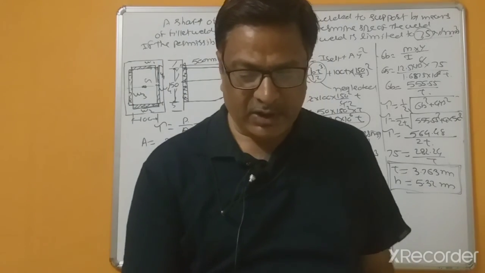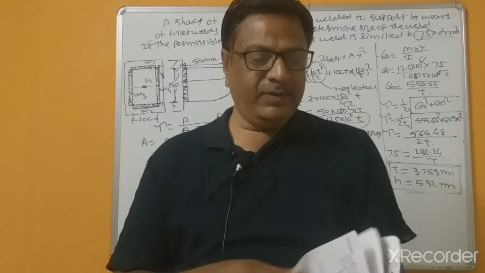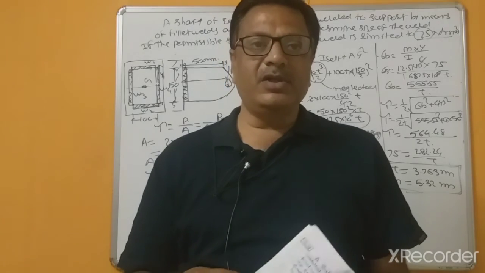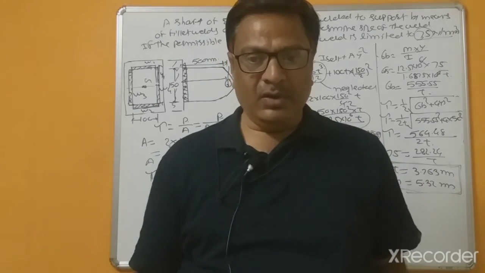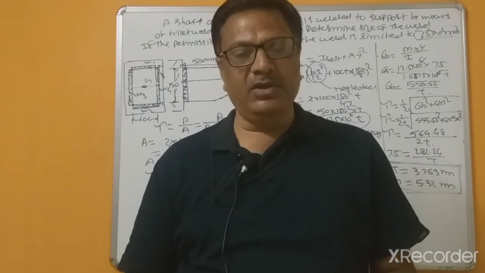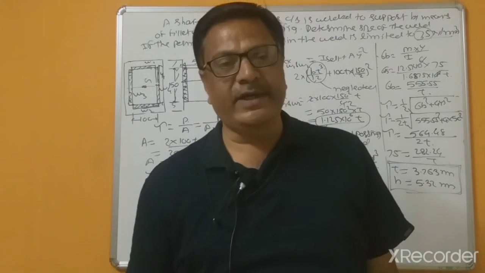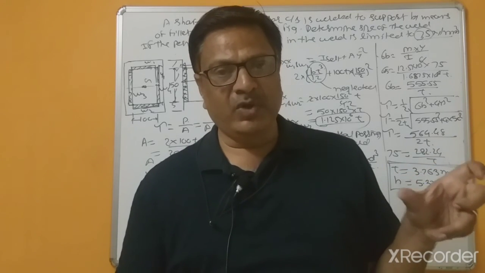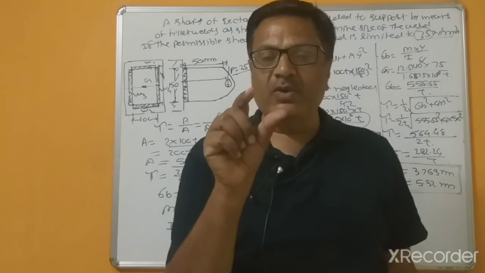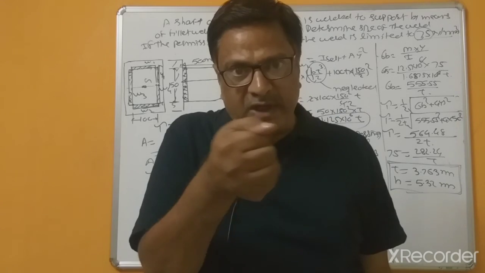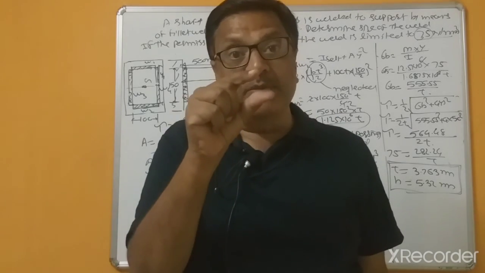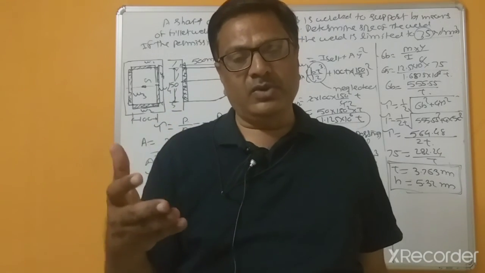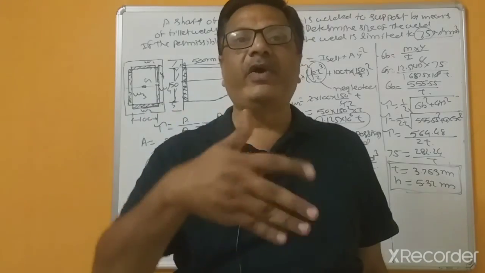I explained problems related to design procedures when bending moments are acting, the third case, where because of the loads the stresses induced in the welded joints are shear stresses and bending stresses, and how you can calculate the thickness of the welds. According to the calculations, you can take the welding. This is the minimum thickness of the welds required, and you can increase it, which means you are increasing the factor of safety.